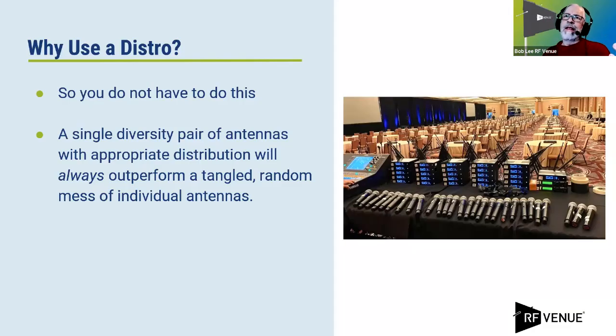Now, I've kind of gotten into the habit of mentioning channels for each diversity feed from a distro. But really, in the past year or two, it seems like a lot of people are increasingly using dual and quad receivers.